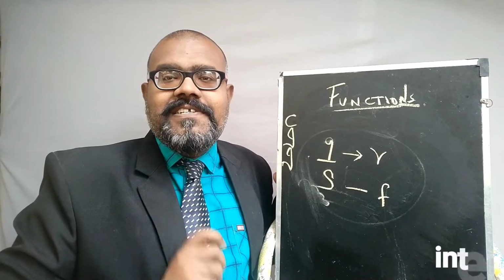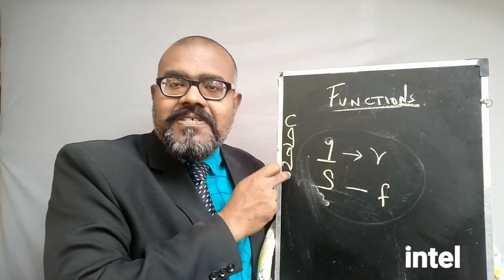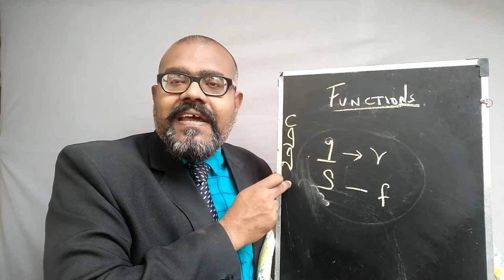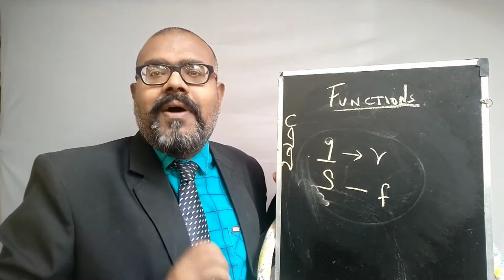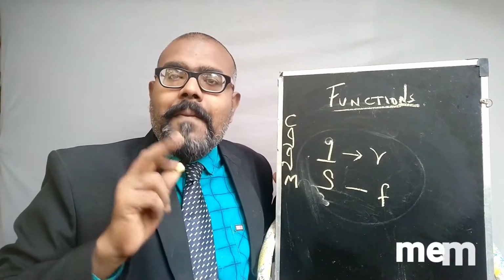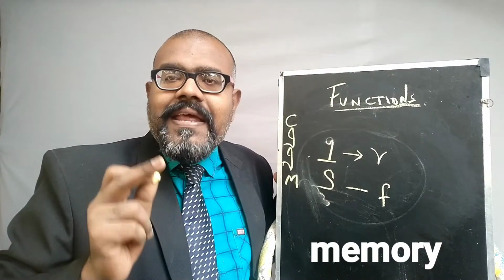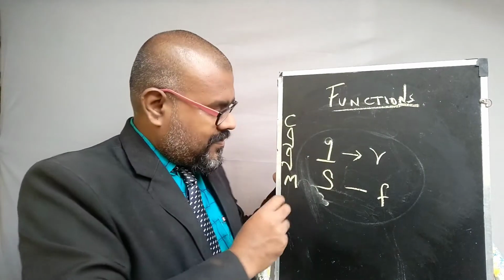Intelligence, because of the presence of gyrus and sulci, is also managed by the cerebrum. Your memory can be stored here.